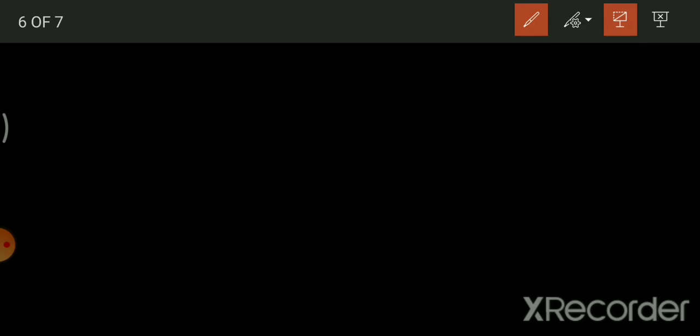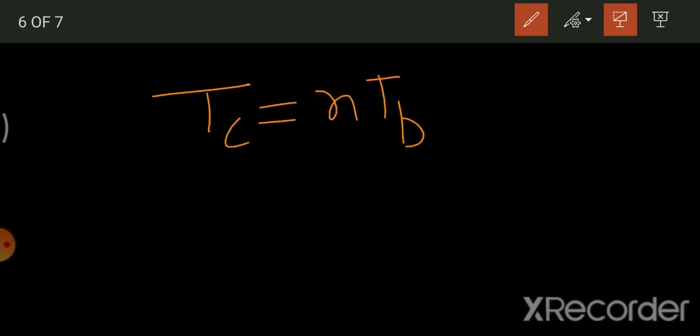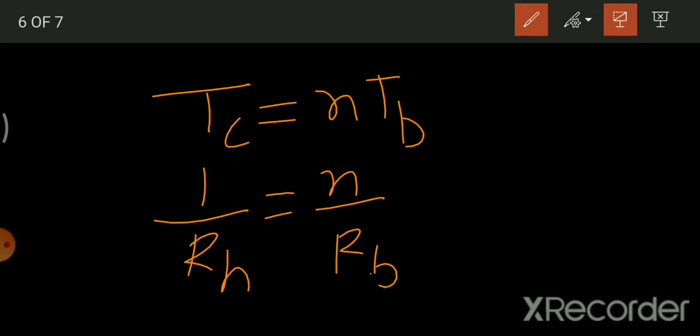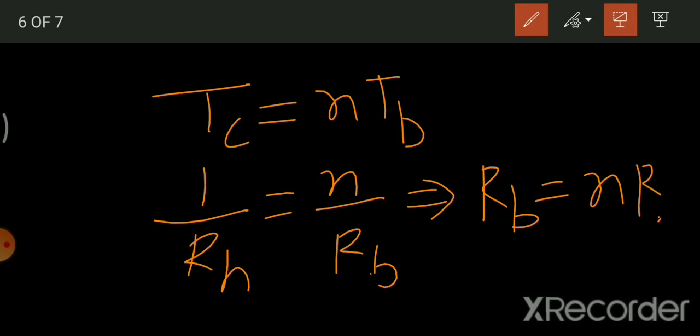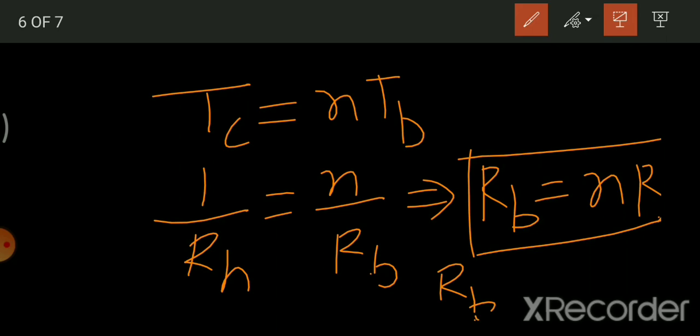What I mean to say is here TC is equal to n times TB, or 1 by RH is equal to n by RB, or the bit rate is equal to n times the hopping rate. This is important: RB is equal to n times RH.